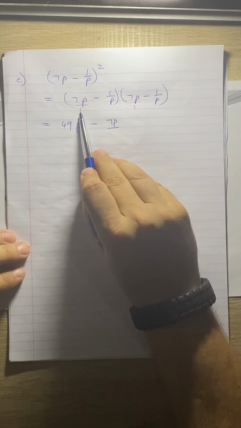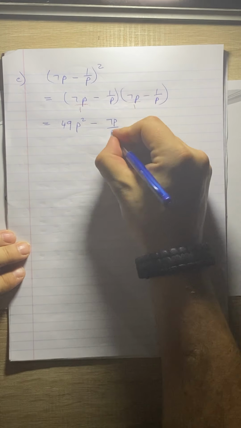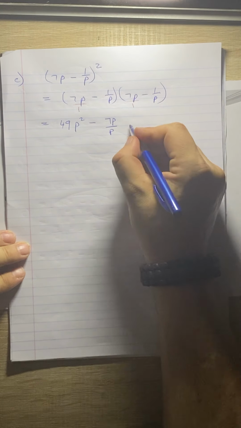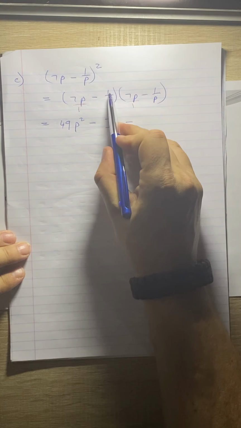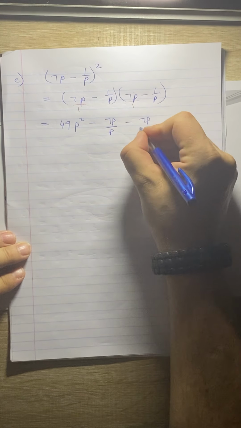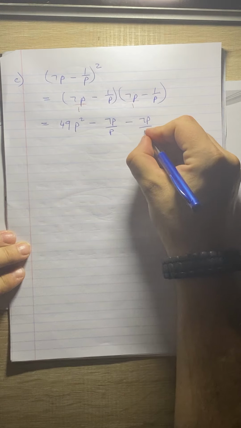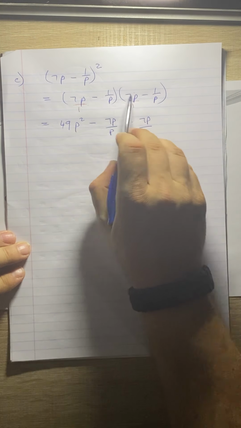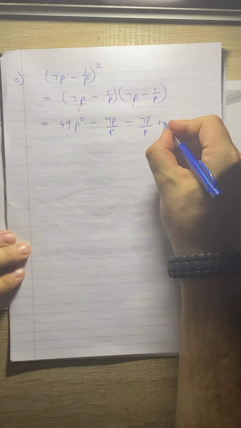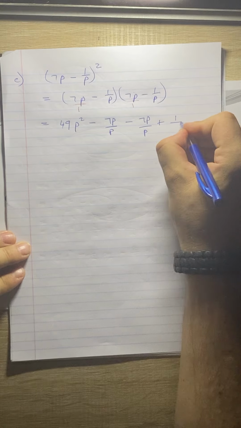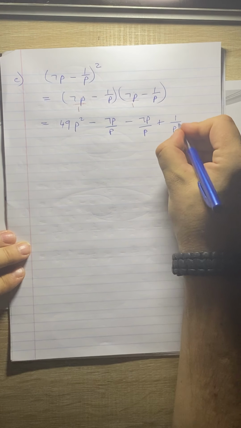Let's look at the bottoms. 1 times p is just p. Now we're ready to do the inners. So negative times positive is a negative. Top with top, bottom with bottom. So 1 times 7p is 7p over p times 1 is p. Right, now we're ready for the lasts. Negative times the negative is a positive. Top with top, bottom with bottom. 1 times 1 is 1 over p times p is p squared.